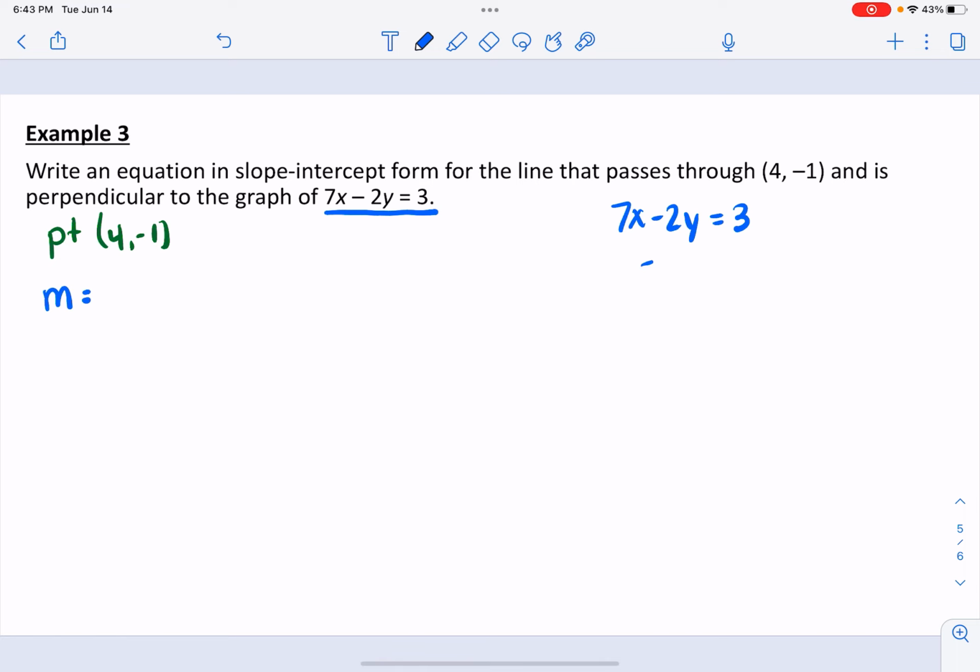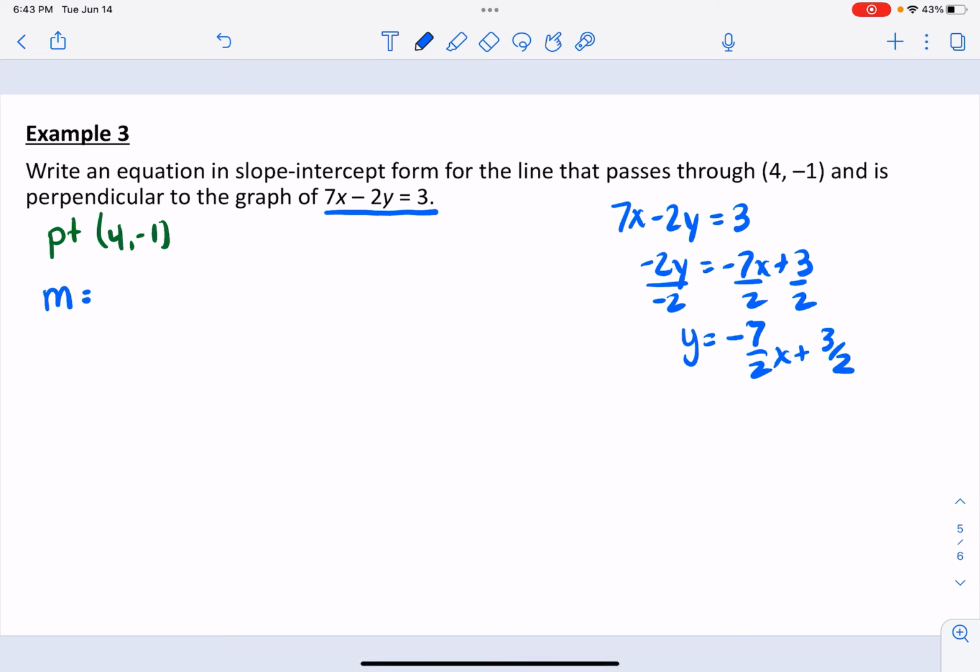If I subtract the 7x over, and then I divide everything by -2, we have that. Now our perpendicular slope: this slope is negative, so our perpendicular slope must be positive, and I flip my fraction, so I get 2/7.